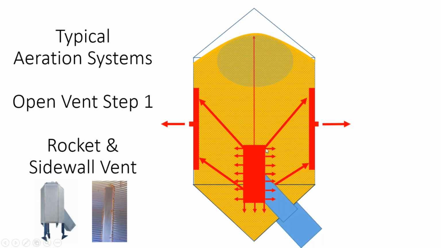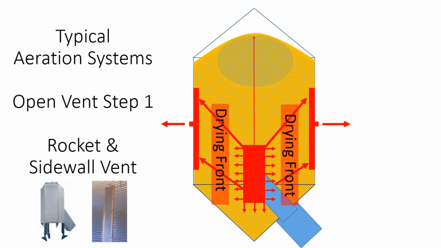So what you would see in a system like this is, even if your bin is full, relatively low static pressures when you have your vents open, and you would be drying the bottom portion of the bin first, and your drying front would likely be a vertical drying front, and it would move from the center of the bin outwards.